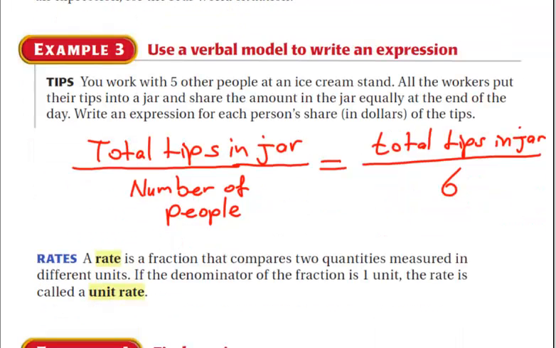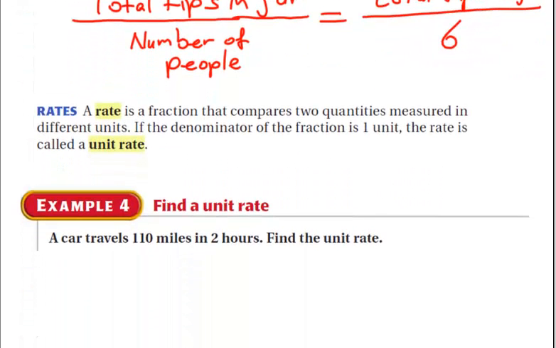Now let's continue with the next part of the lesson. Rate. A rate is a fraction that compares two quantities measured in different units. If the denominator of the fraction is 1 unit, the rate is called unit rate. So here's an example about rate. A car travels 110 miles in 2 hours. Find the unit rate.